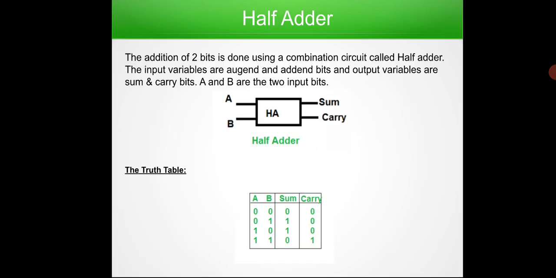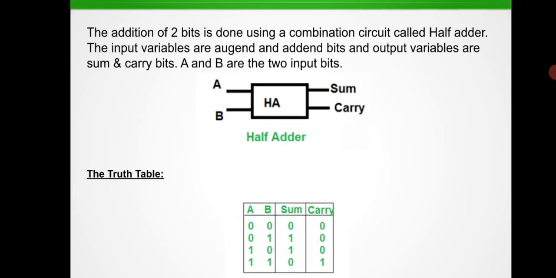Now we will see what a half adder is. Addition of 2 bits done using a combinational circuit is called a half adder. The input variables are, just a moment, augend and addend.